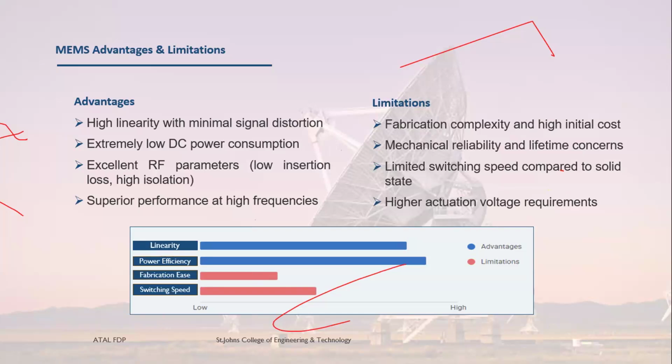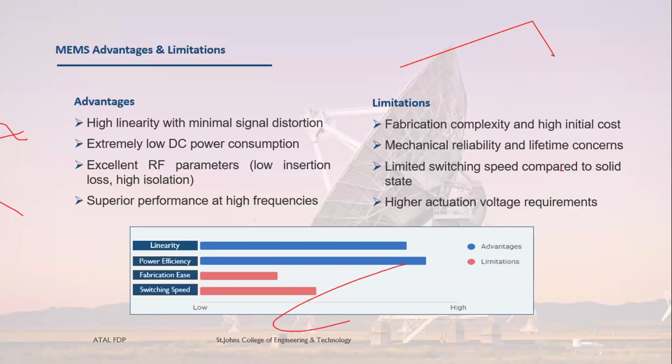Can you tell me one more disadvantage with MEMS? Anyone? One disadvantage, because it's mechanical, a cantilever beam will be touched, will come down, will go up. So the lifetime is a major concern.